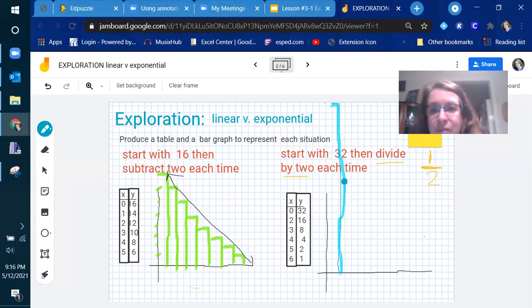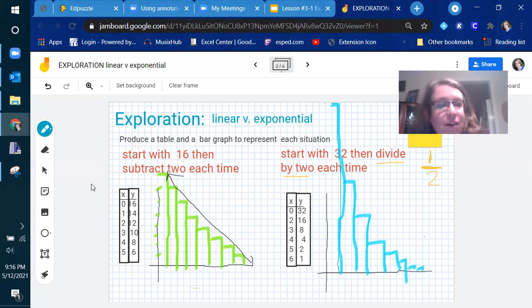And then about half of that would be 16. And then half of that would be 8. Then half of that would be 4. And then 2. And then 1. And then like half. And then half of a half. And then half of a half of a half. And it gets on and on.